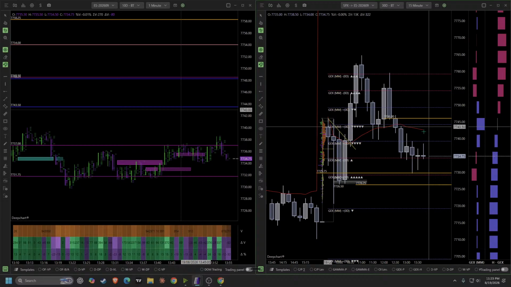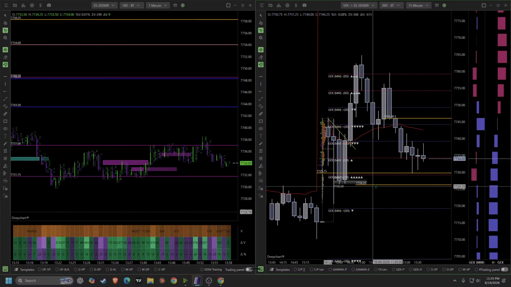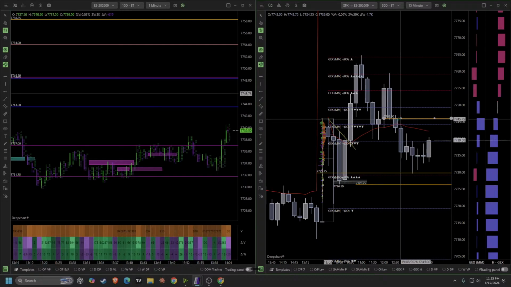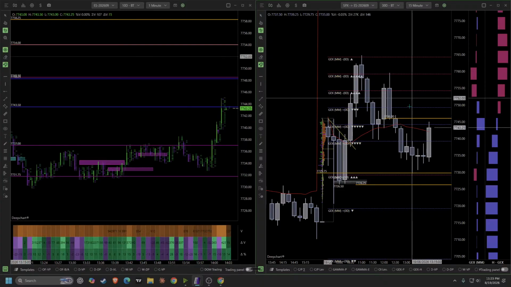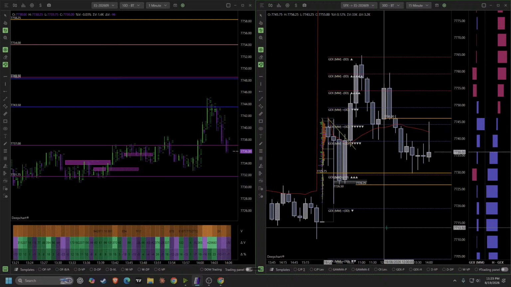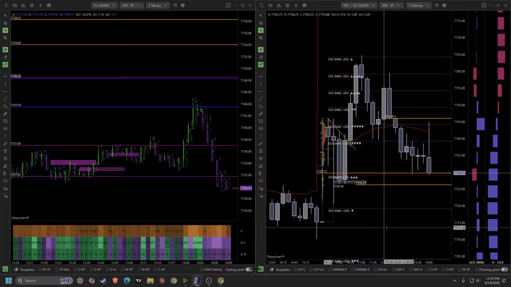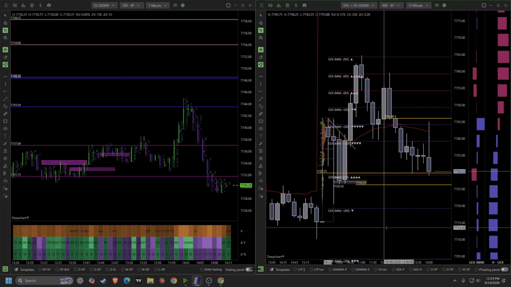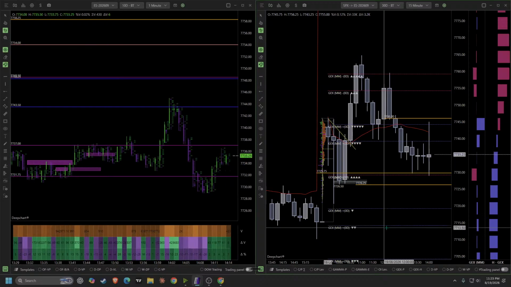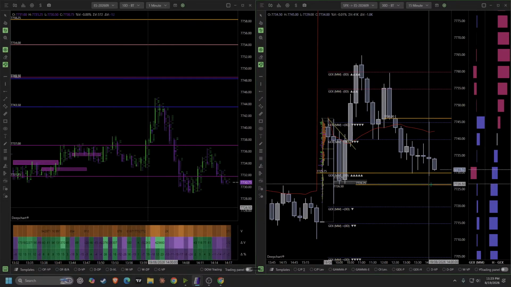So that would be another trade for sure. Stop loss behind the zone at 77.727. Take profit at 77.46. We missed it by a couple ticks here.